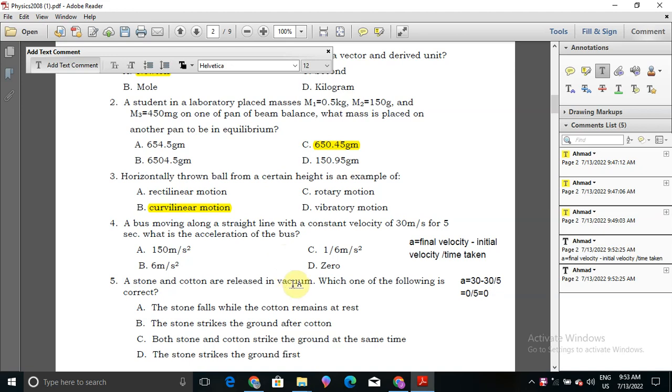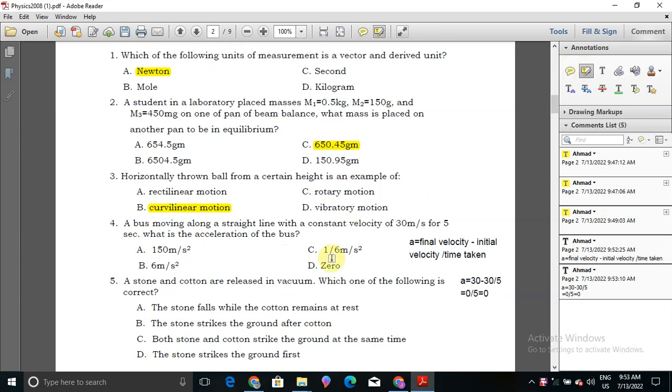So in which choice do we have 0 here? Yes, choice D. So the correct answer for question number 4 is choice D, which is 0 meters per second squared.